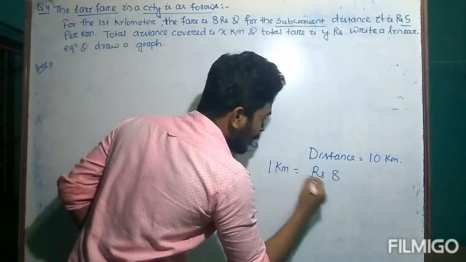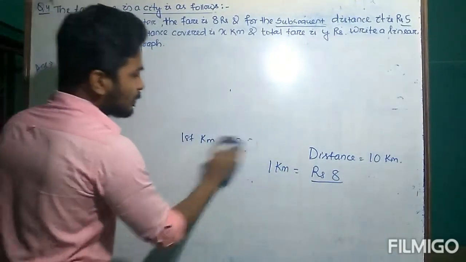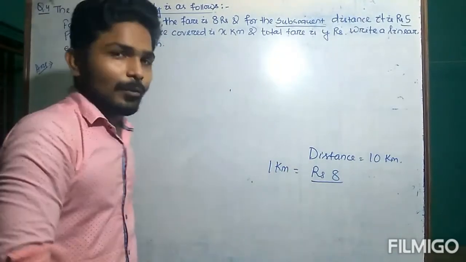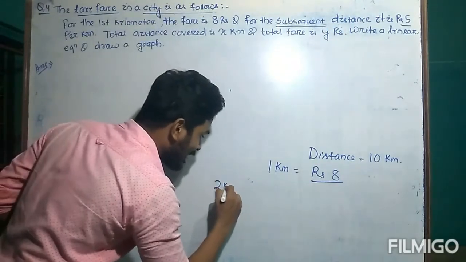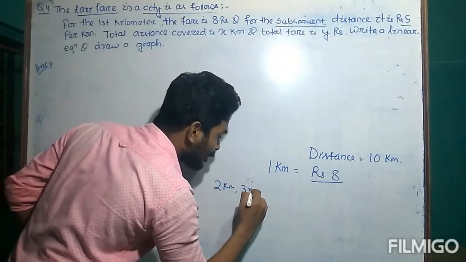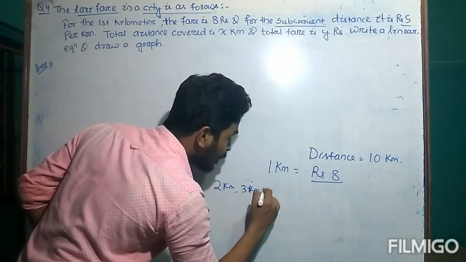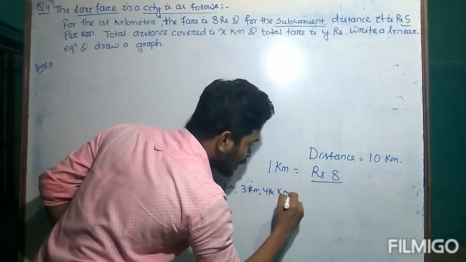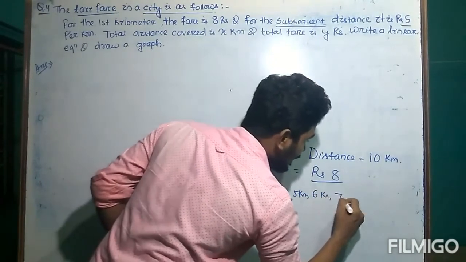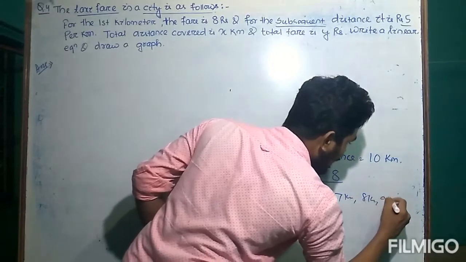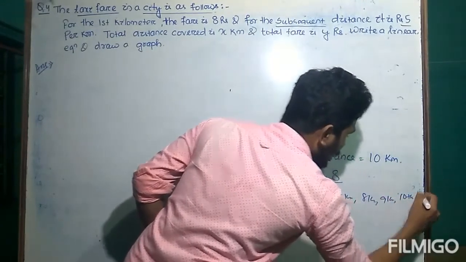Next, the subsequent kilometers mean the second kilometer, the third, the fourth, the 5th, 6th, 7th, 8th, 9th and 10th kilometer.